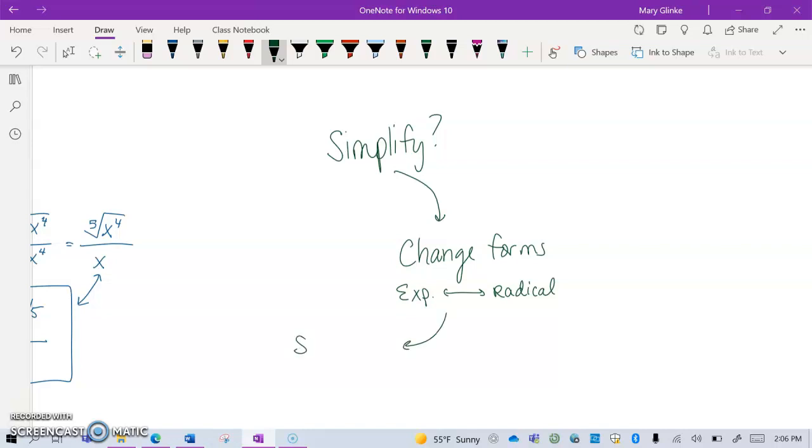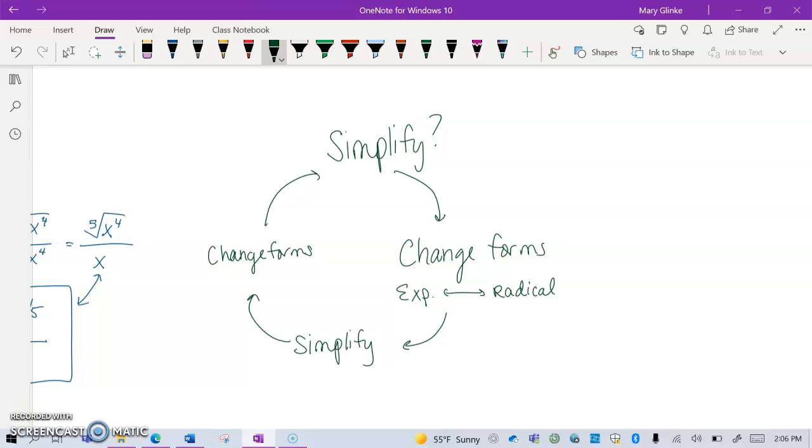Then you're going to try to simplify in that form. And if you do and keep going, then you're going to try changing forms back. And you're going to keep on going in this cycle until you can't simplify no matter what form you're in. Then you just need to make sure your answer's in the final form that you need.